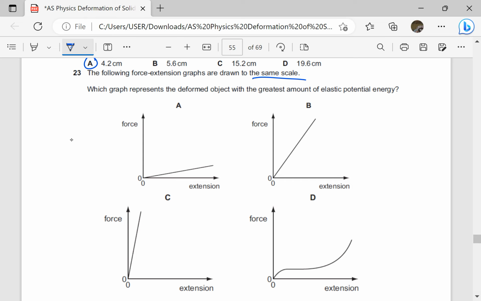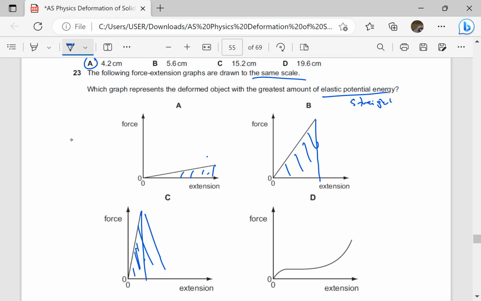And elastic potential energy is only got from the straight line part, where Hooke's law is obeyed. So this one, you notice that this area is smaller than this one. I think this area is smaller than this one because it is the area of the triangle below. This area is bigger than A and C.